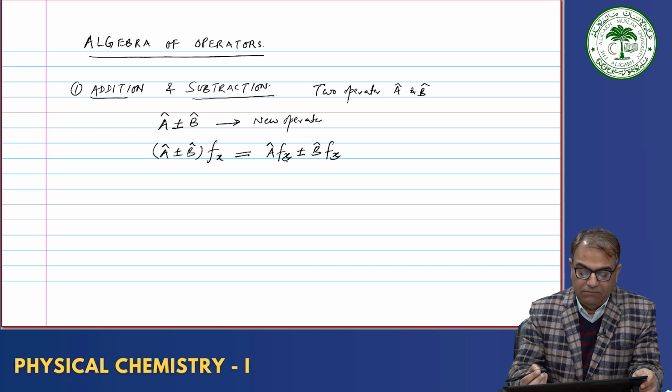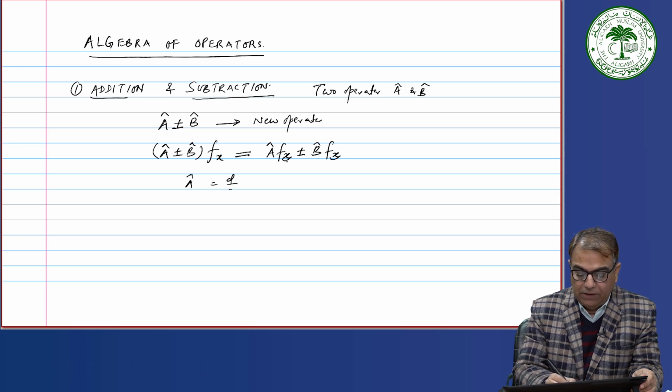Okay, and as an example you can write that if A is equal to d/dx and B is equal to x, then you operate with this operator d/dx plus x on a function f(x), and what should you get?